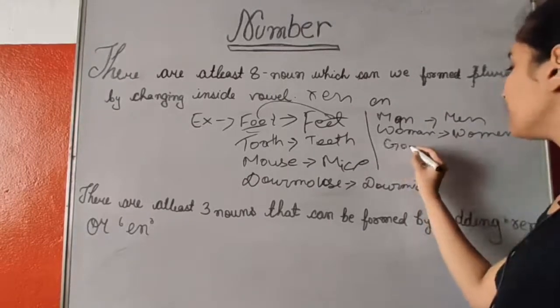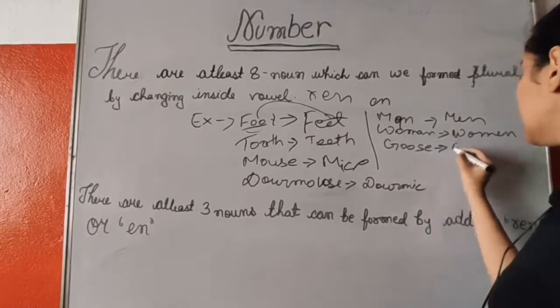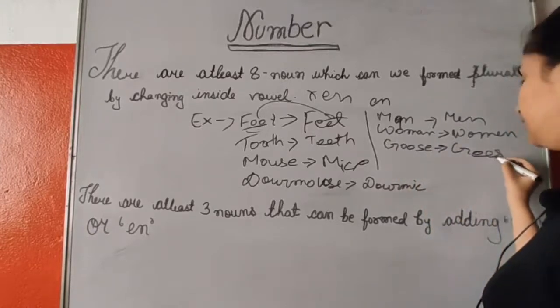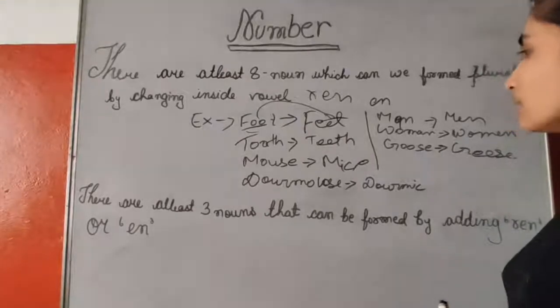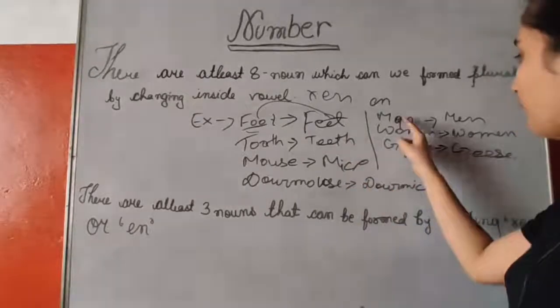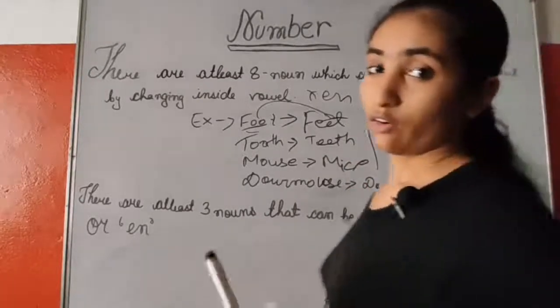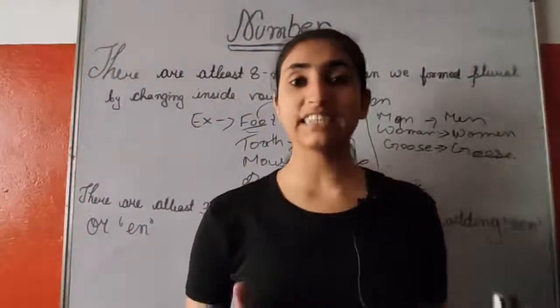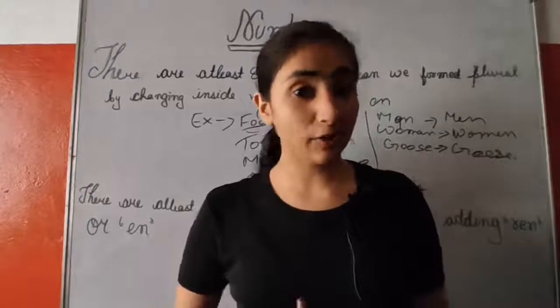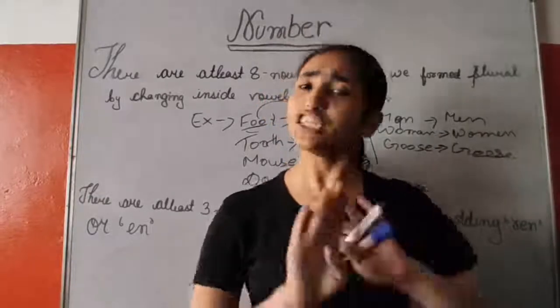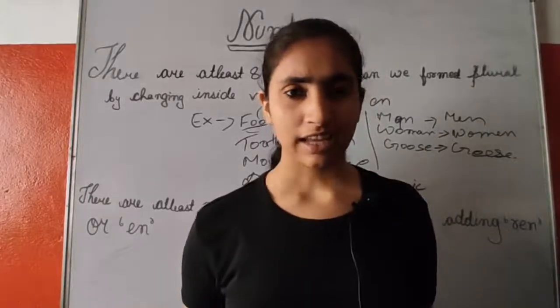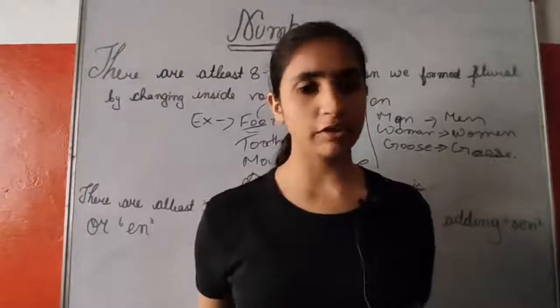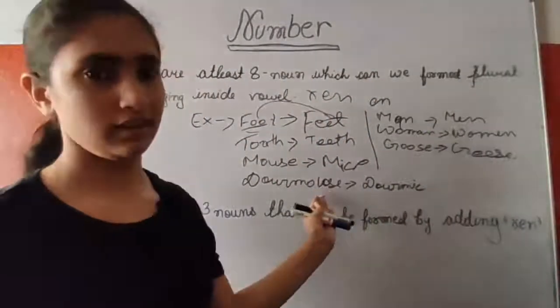Goose will become geese in plural. So 1, 2, 3, 4, 5, 6, 7, 8. There are only 8 nouns that are formed plural by changing their inside vowel. I hope you understand it well, and don't be ambiguous. It means don't be confused, because these are very simple.